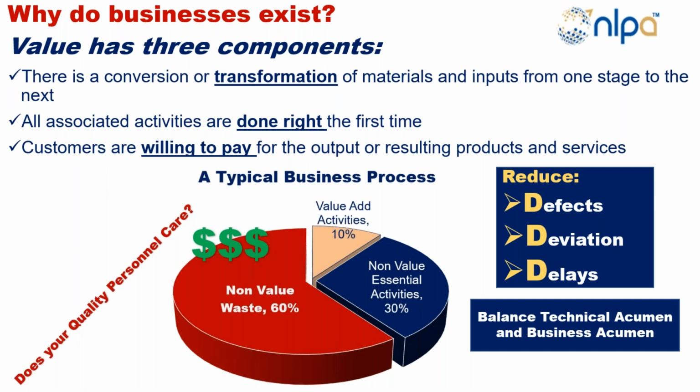And it is very important that there's a balance between technical acumen and business acumen. And what I mean by that is, in many organizations, you would have some folks who are more on the technical side. I don't want to beat up on any particular discipline, right?